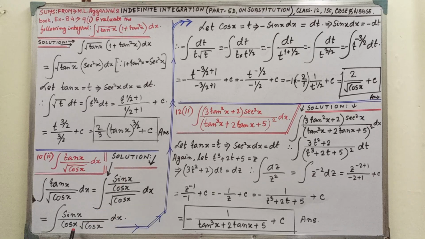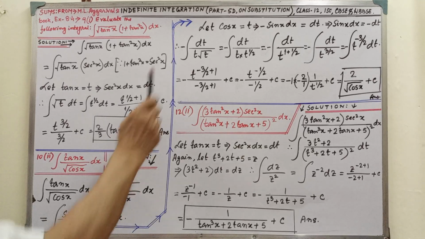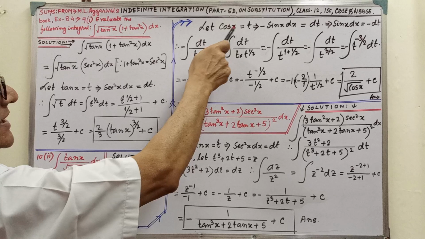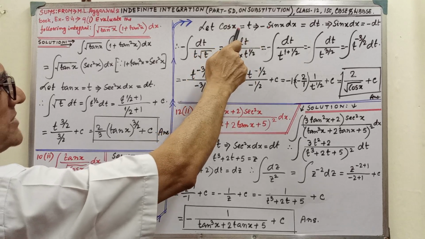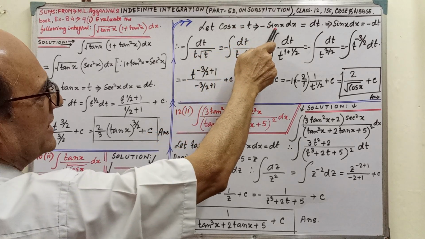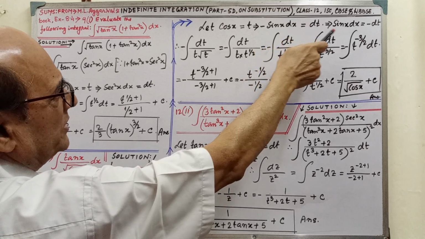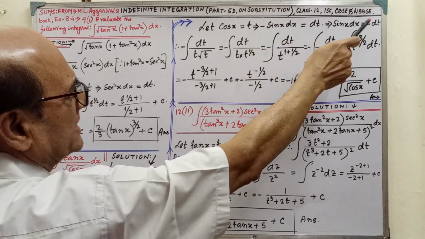Then sin x by cos x into this. Now if we consider cos x, then differentiation of cos x is minus sin x. So now we may let cos x equal to t, and differentiating cos x, that is minus sin x dx equal to dt, sin x dx equal to minus dt.